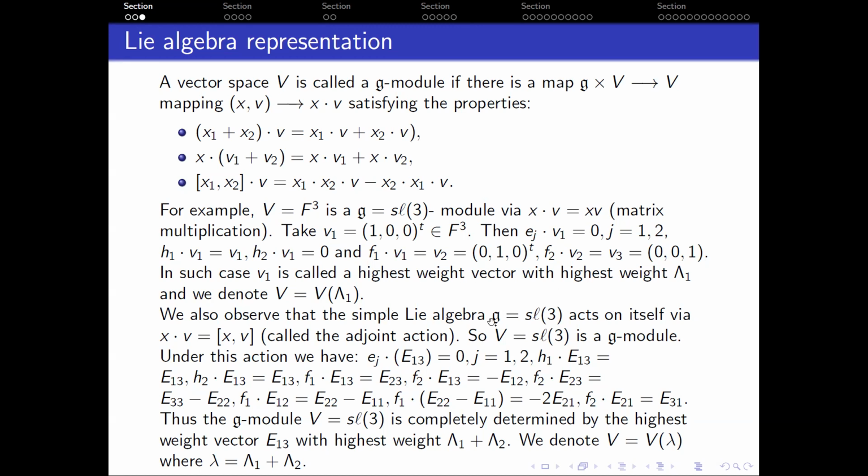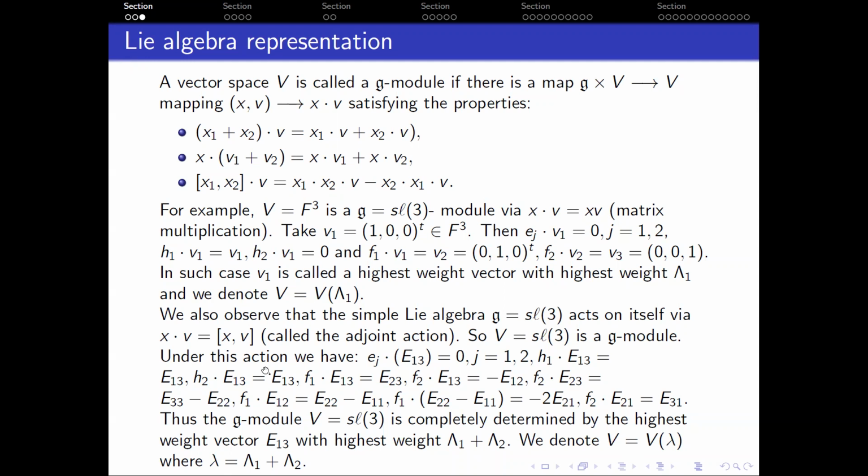So if we take G to be SL3 and take V to be G itself, then under the adjoint action, V is a G-module. And if we write down the action of E1, E2 on E13, we see it's 0. So in this particular case, E13 is a highest weight.